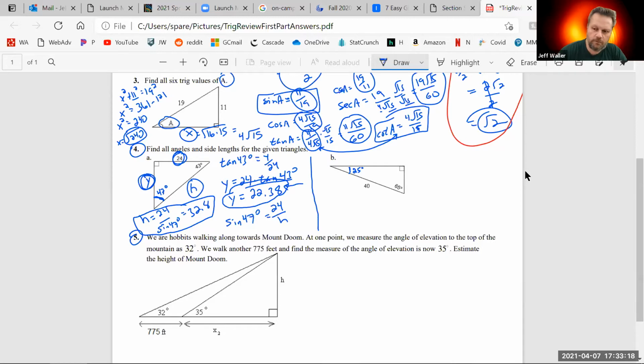So just to be generic, I'm going to label this one A and this one B, so I can handle any which way you happen to do this.